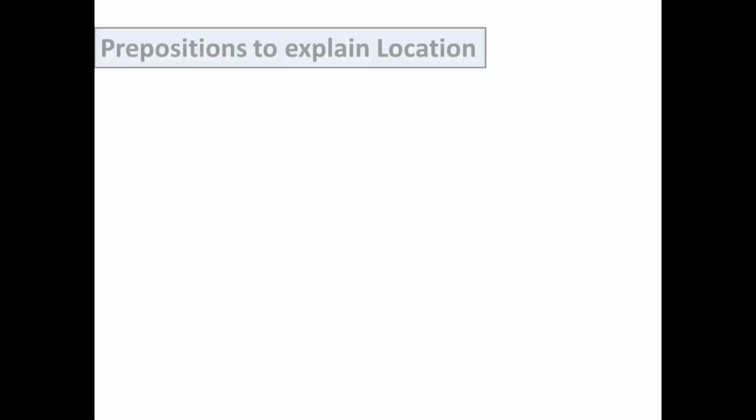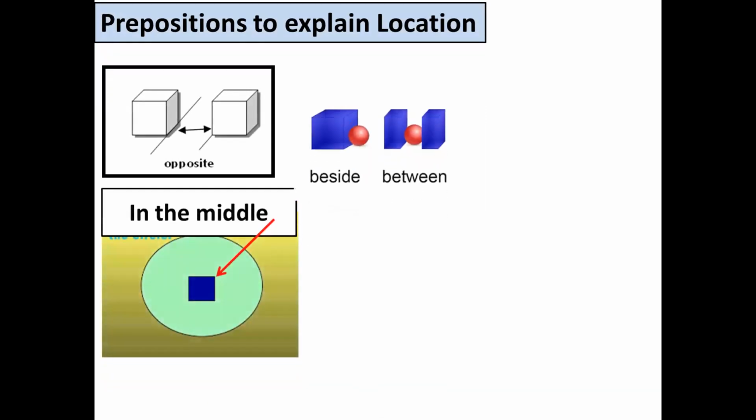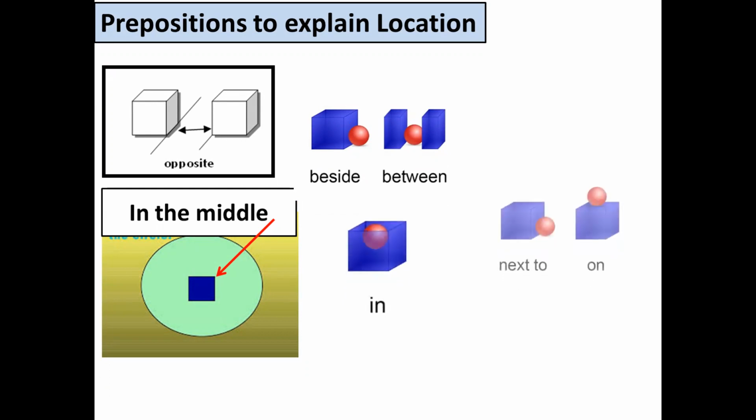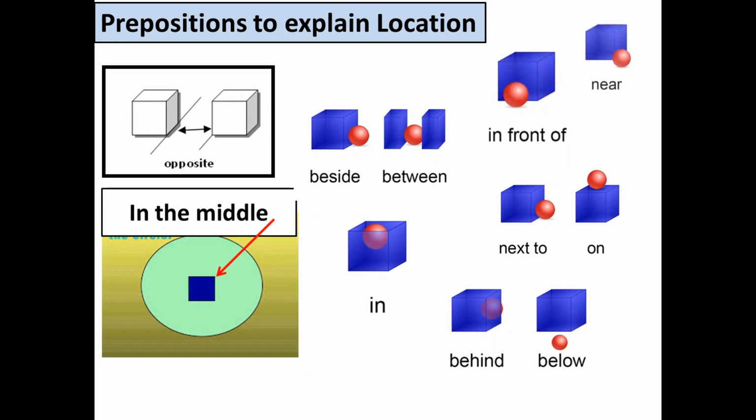In levels 1 and 2, you've already learned a lot of prepositions of place, prepositions that explain locations, like opposite, middle, beside, between, in, on, next to, behind, below, in front of, near.